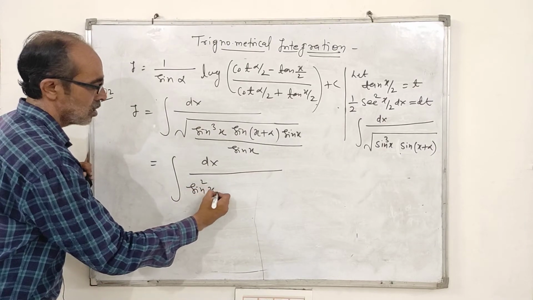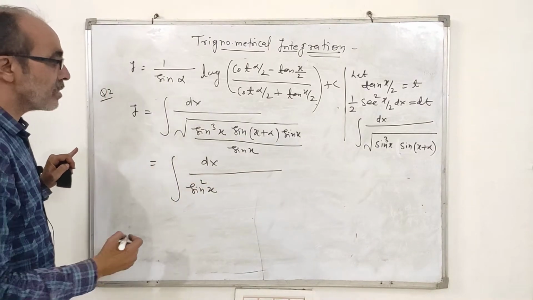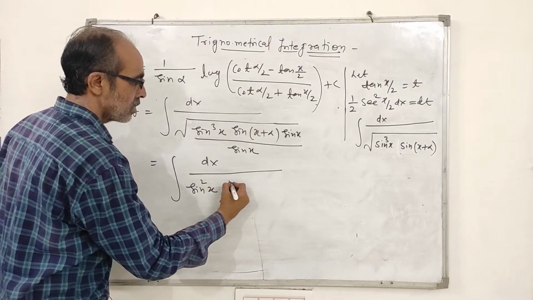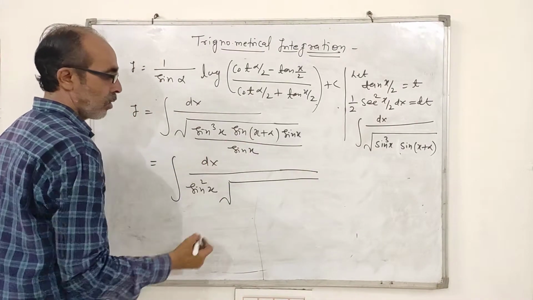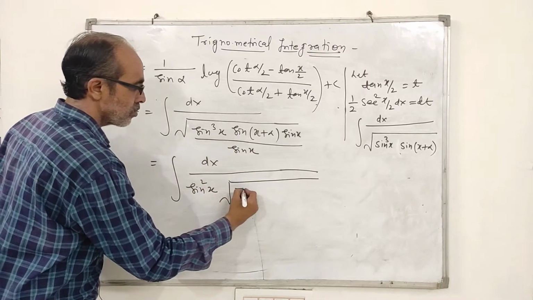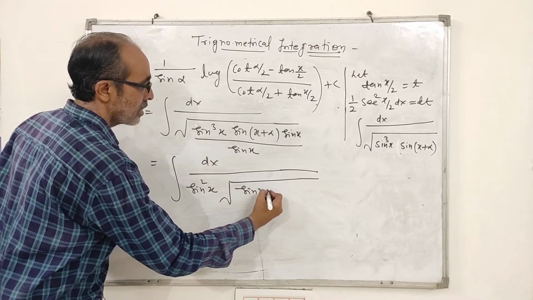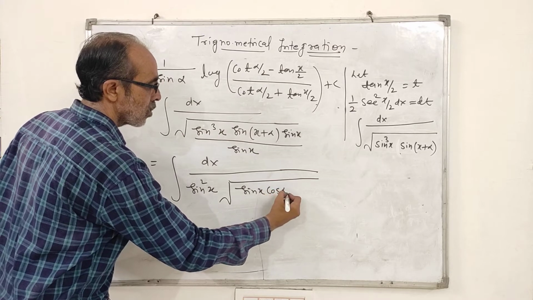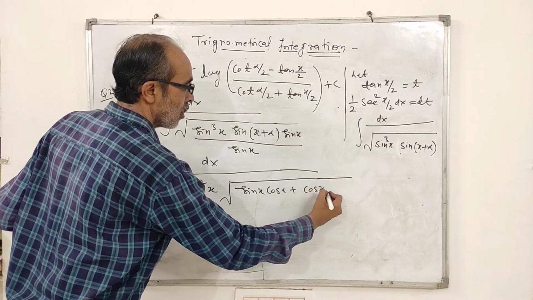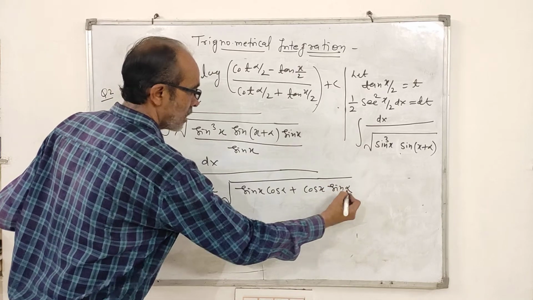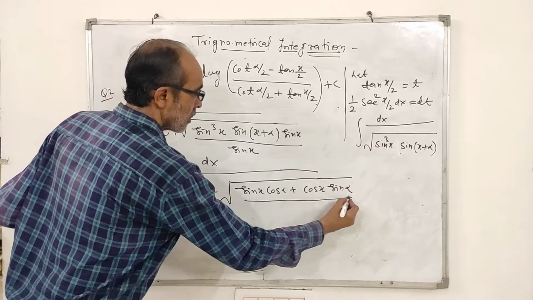So write here sin square x, and under it sin (x plus alpha) is equal to sin x cos alpha plus cos x and sin alpha, divided by sin x.